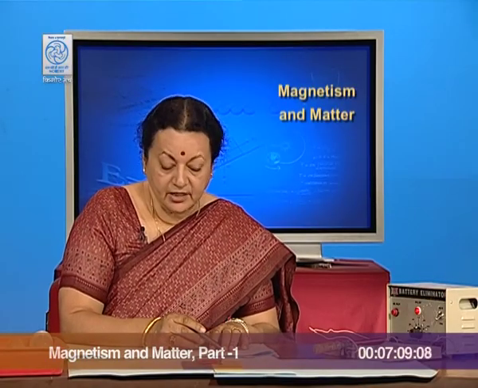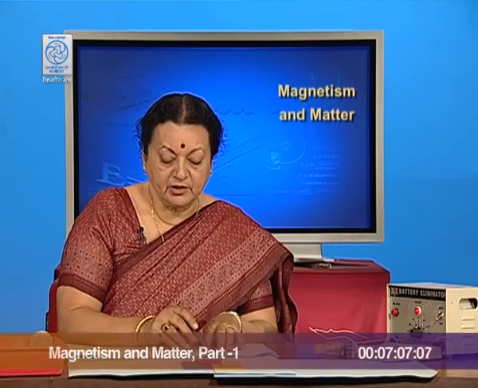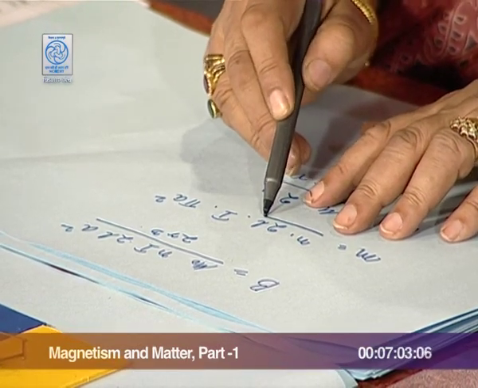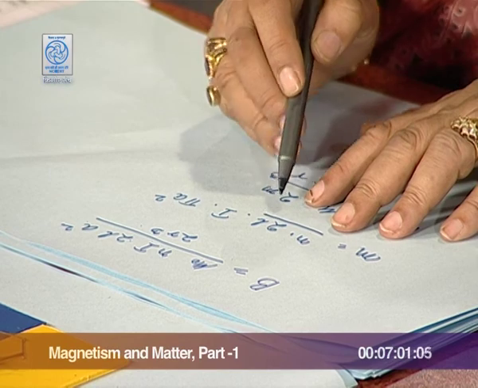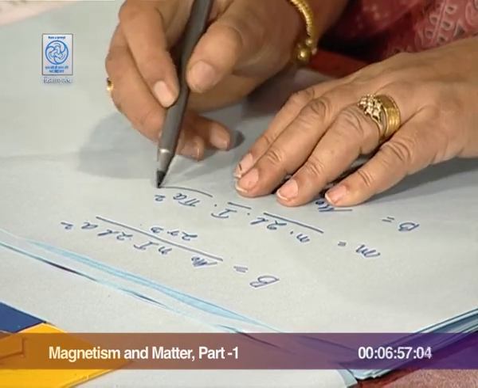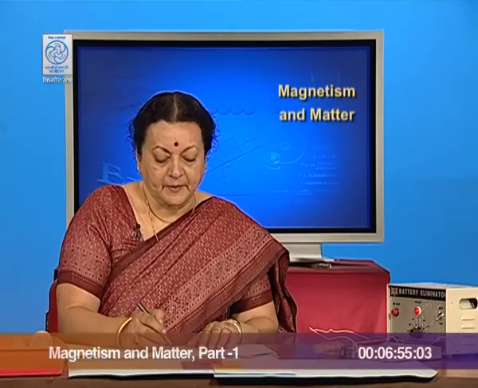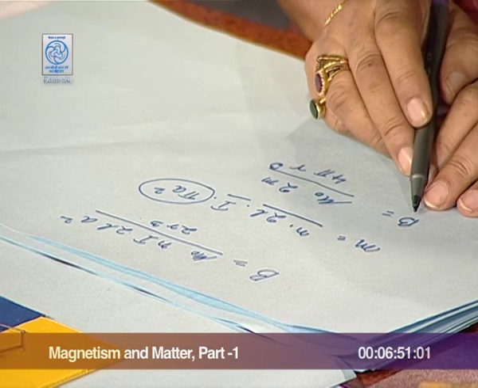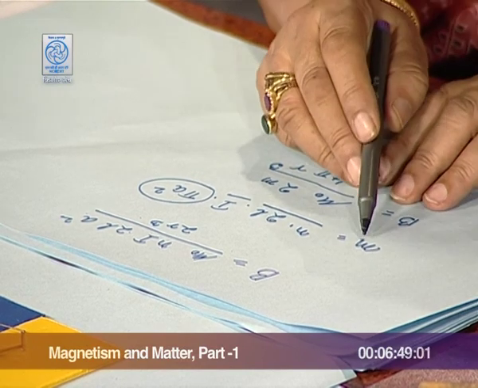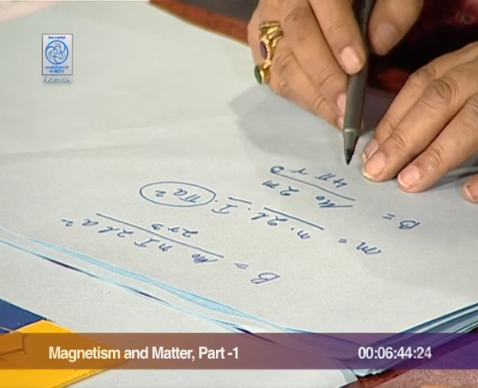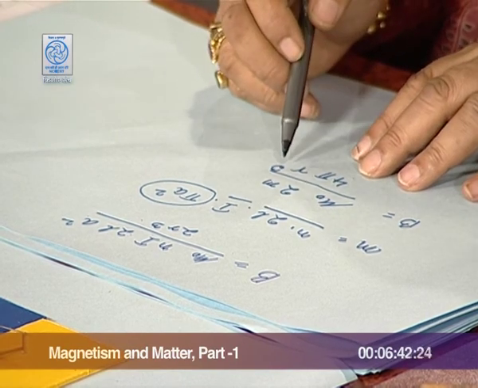We had already talked about the magnetic moment being equal to the number of turns, which is n into 2L, the current flowing through the loop, and the area vector. The formula can now be written for B in terms of magnetic moment as mu naught 2 m upon 4 pi r cubed.